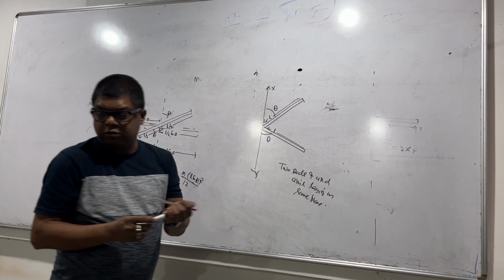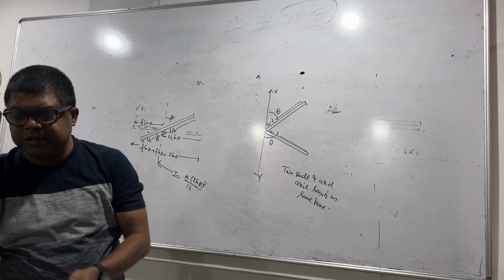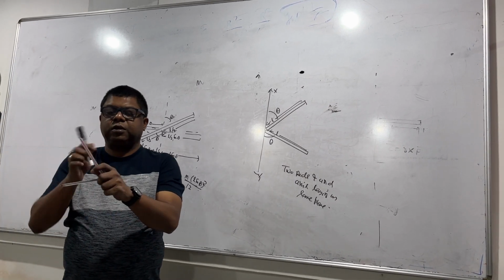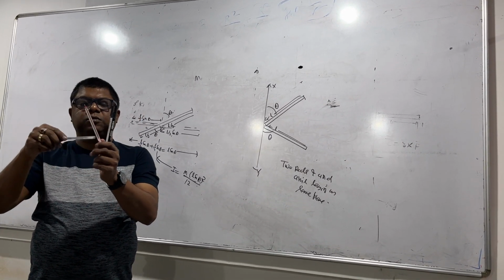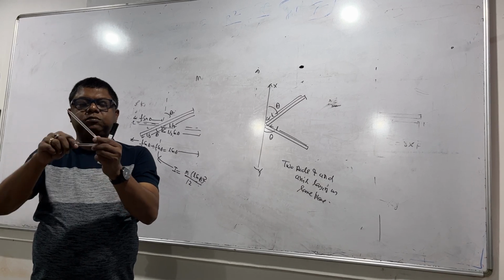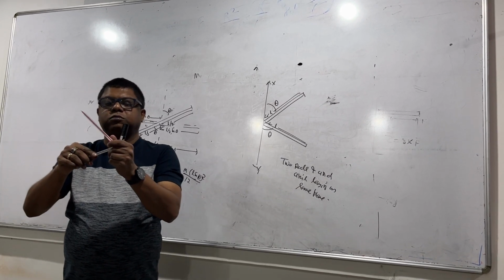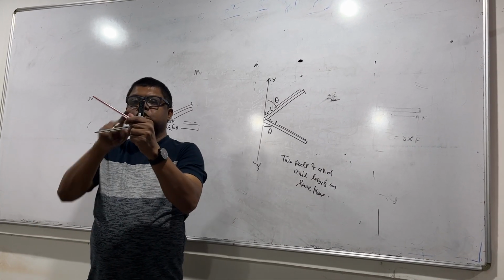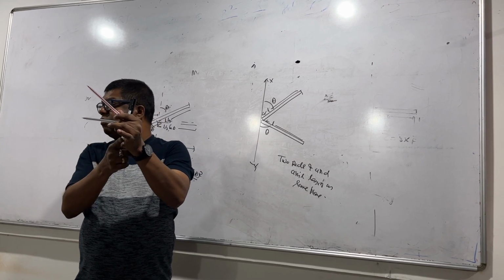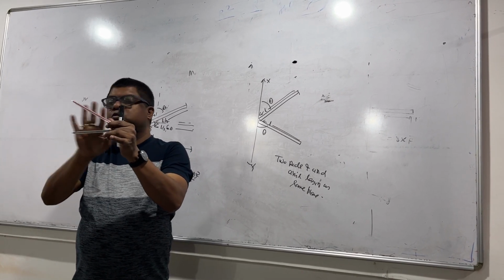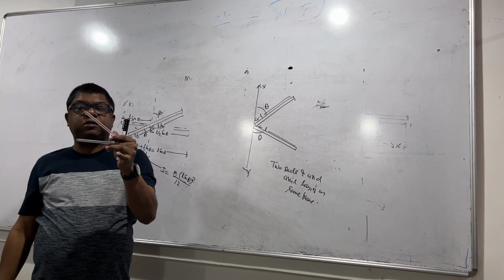That means the two rods and the axis lie on the same plane. This is the axis. So this angle is theta, this angle is theta. The axis and the two rods are all lying in the same plane.